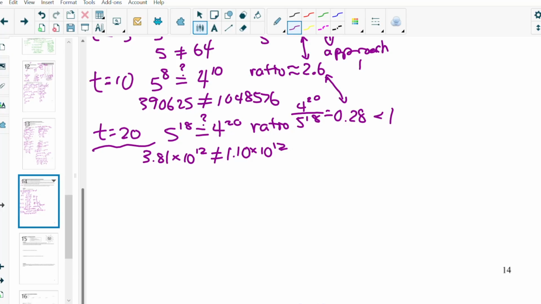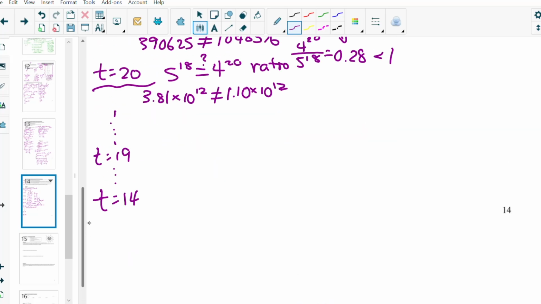If you keep doing this, go to t equals 19, 18, 17, 16, 15, 14. I get all the way down to t equals 14. This is the closest I can get with a whole number t value. So t equals 14: 5 to the 12th, does that equal 4 to the 14th?